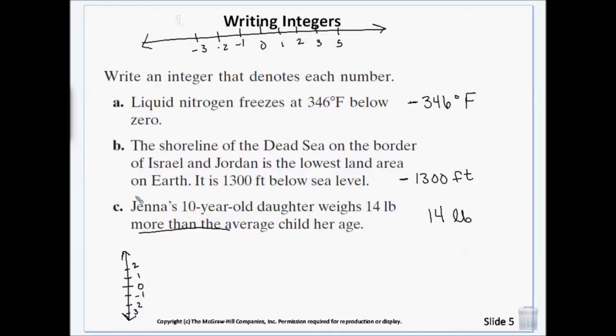So if it would make more sense to you visually to draw a number line this way, you can. Just so long as on a horizontal number line, the positive numbers are to the right and the negative numbers are to the left. Vertically, positive is up top, negative's down below. So if it makes more sense for you to draw a number line this way rather than this way, you can do that.